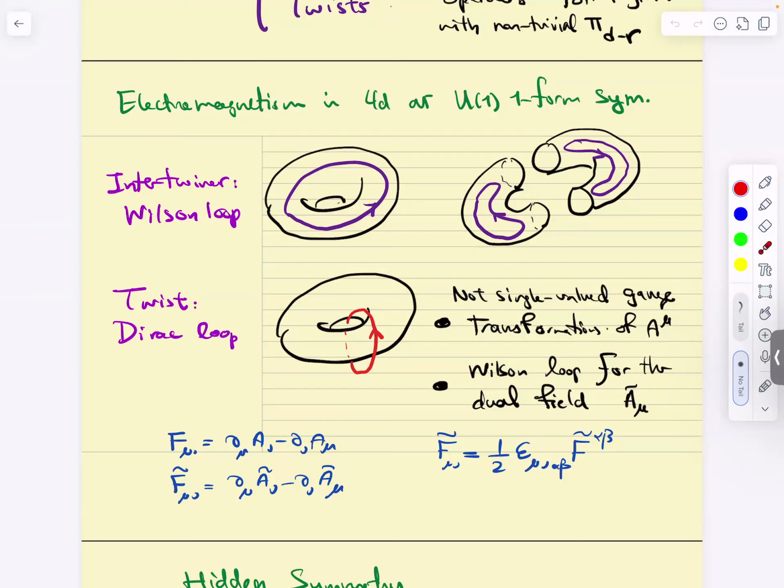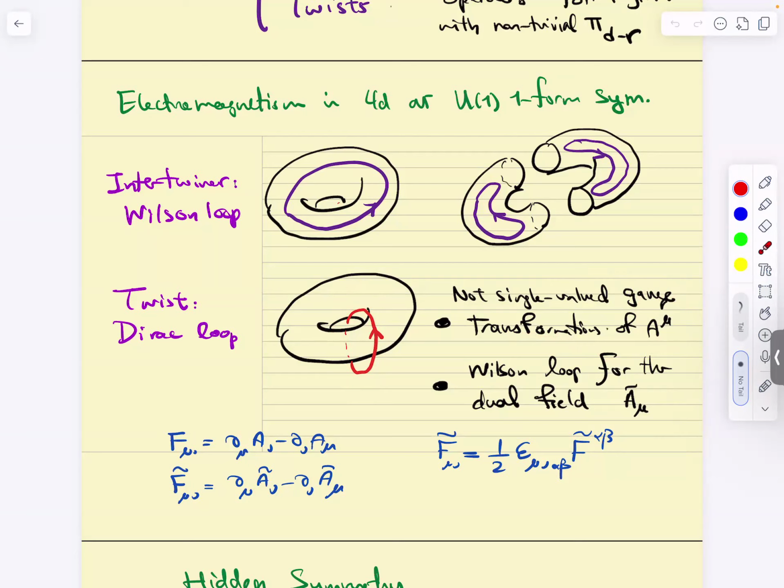All right. Now, we discussed what these are. They're again loop operators, and in the loop you're integrating something. So there are two ways of describing this. If you insist on a description of this in terms of A mu, right, the gauge degrees of freedom, then that corresponds to non-single valued gauge transformations, right?